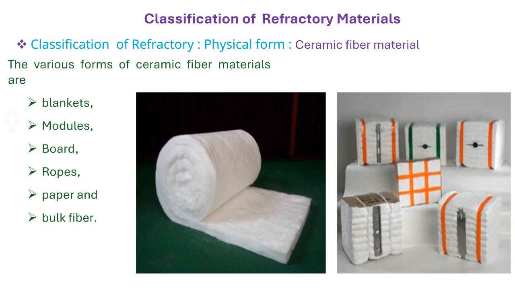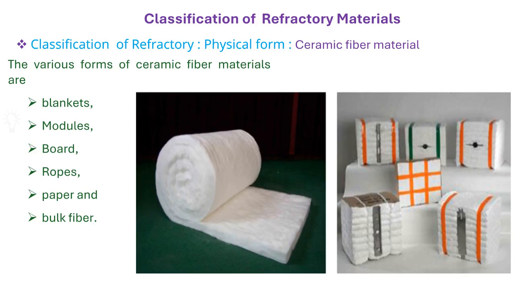Boards are flat, rigid sheets of uniform thickness. These are ideal for lining flat surfaces or serving as thermal backing. Ropes are twisted or braided ceramic fiber used to seal gaps, joints, and doorways. They help prevent heat loss and stop gas from leaking in. Paper is thin sheets of ceramic fiber that provide a smooth facing surface, often used against equipment walls.